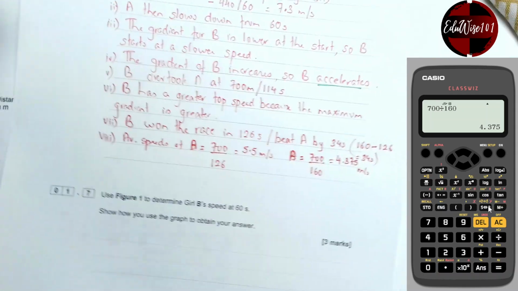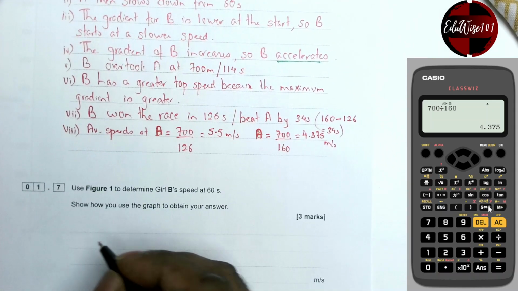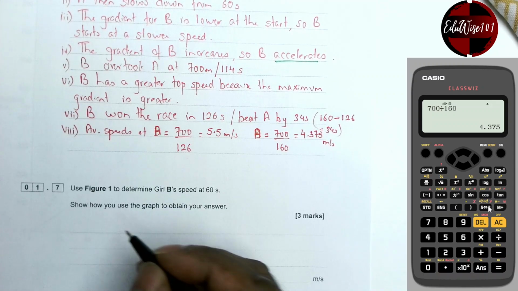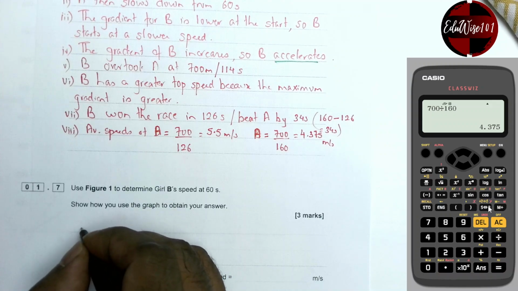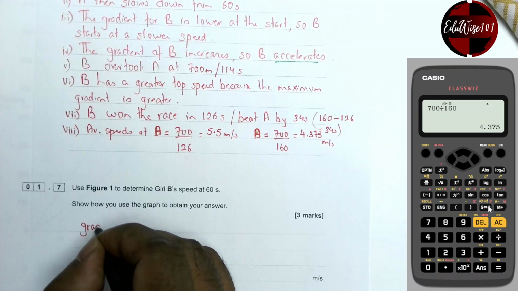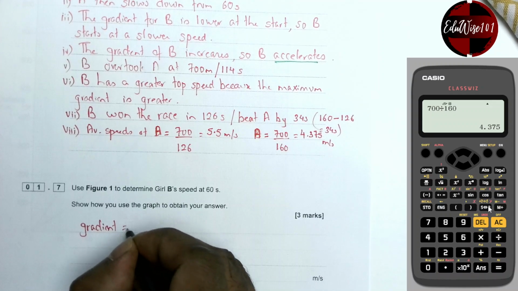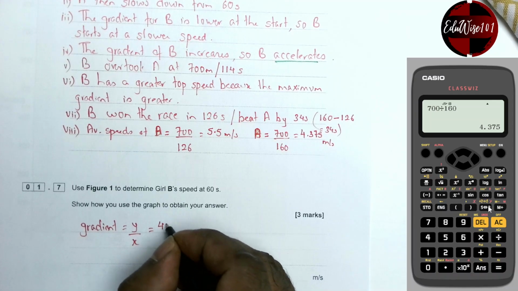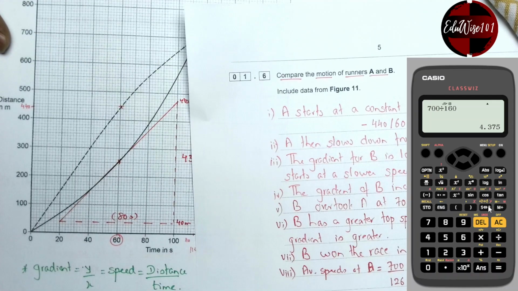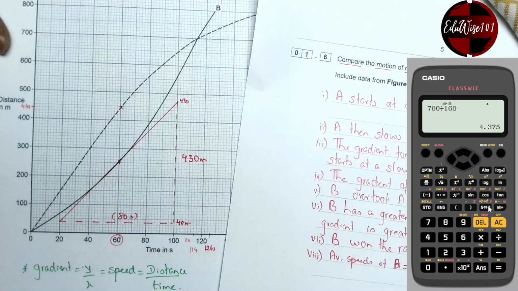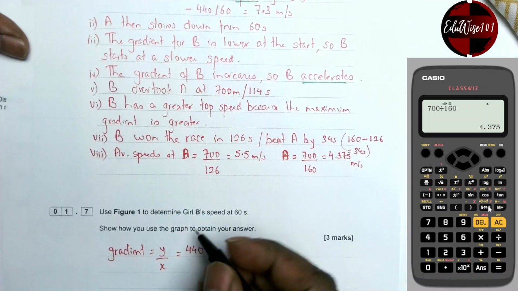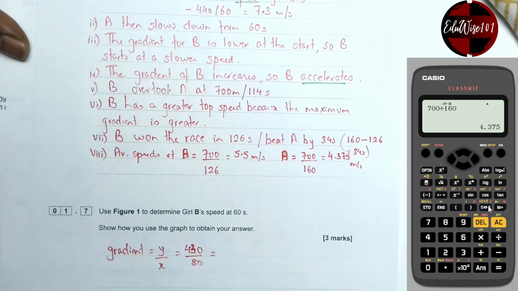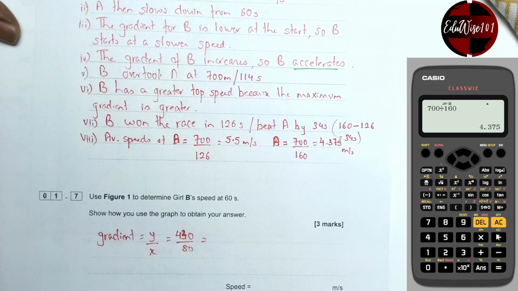So gradient equals y over x. So y value was 430, divide that by 80. The calculator is already there.